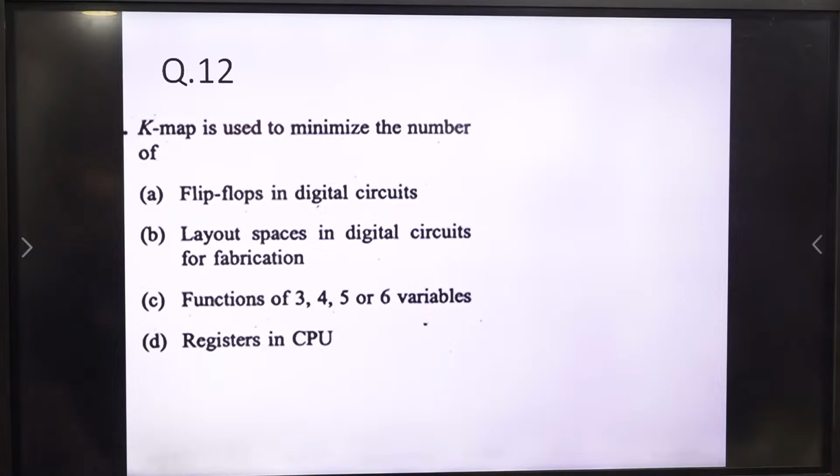Functions of 3, 4, 5 or 6 variables. C is the answer we give. K-map is used to minimize Boolean functions of 3, 4, 5 or 6 variables. Generally useful up to 5, but 6 we can also use. So you have to write C as the answer.